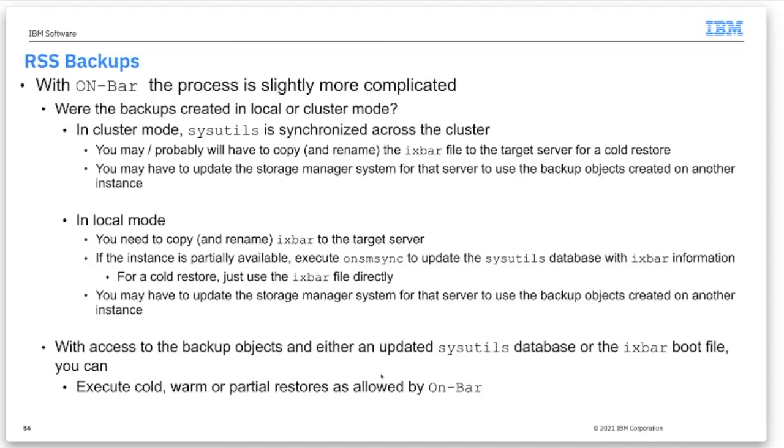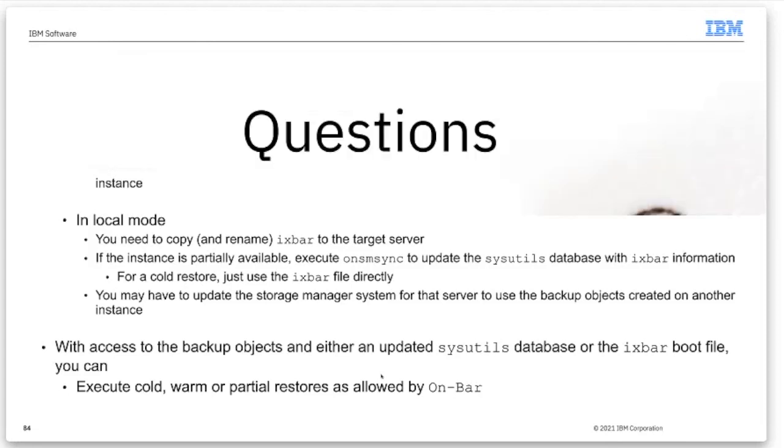Now, if you're doing a cold restore, you can just use the IXBAR file directly. And again, you may or may not need to update the metadata on the objects in the storage manager to restore them to a different target than where they were created from. With access to the backup objects and either an updated sysutils database or an IXBAR file, you can execute either a cold or warm or partial restore as allowed by onbar.